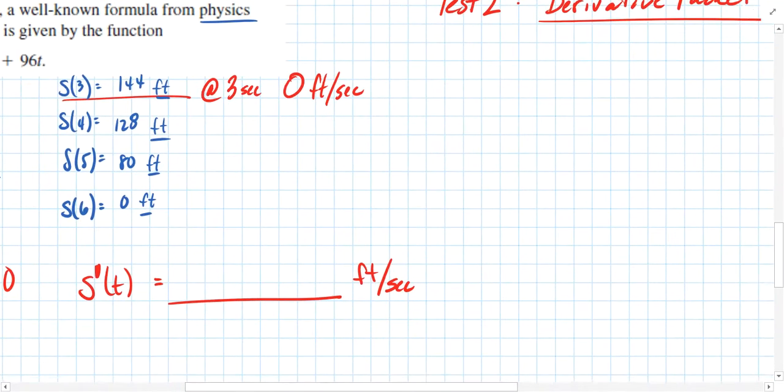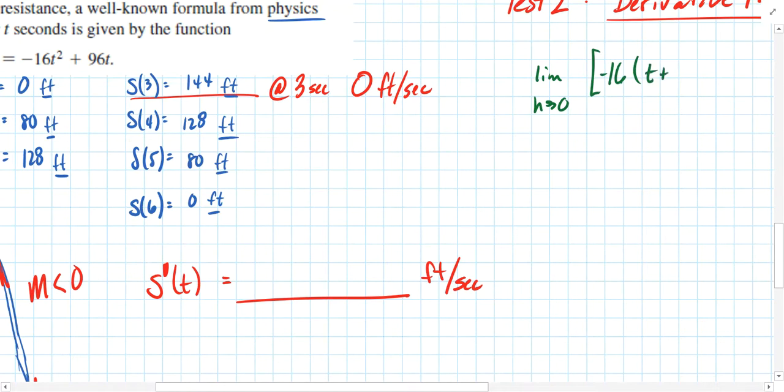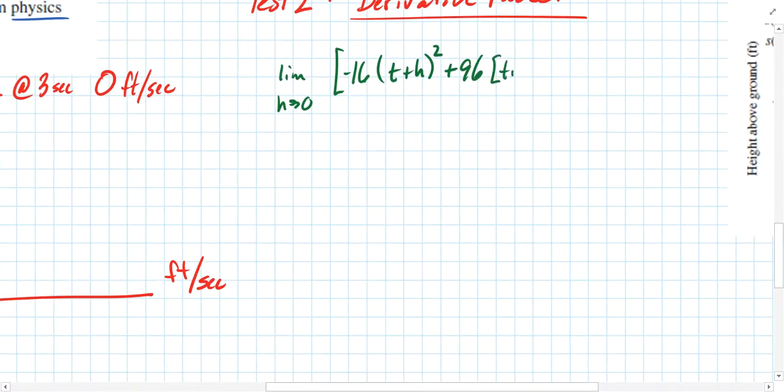Now, if you'd like, we could establish the derivative rule by using our difference quotient. The limit as h approaches 0 of negative 16 times (t plus h) squared plus 96 times (t plus h), minus (negative 16t squared plus 96t).